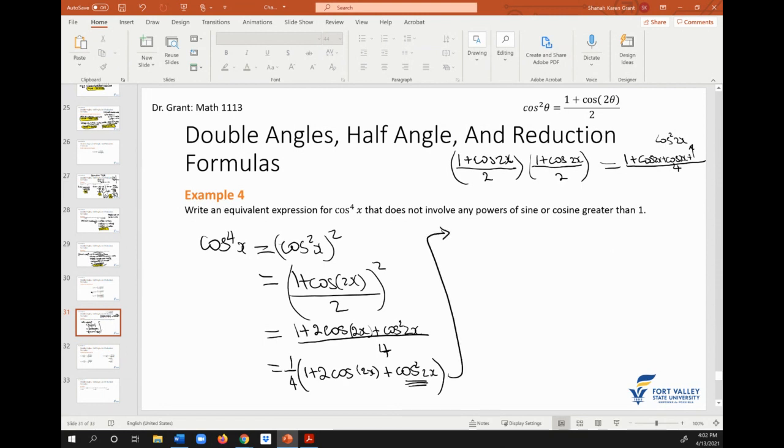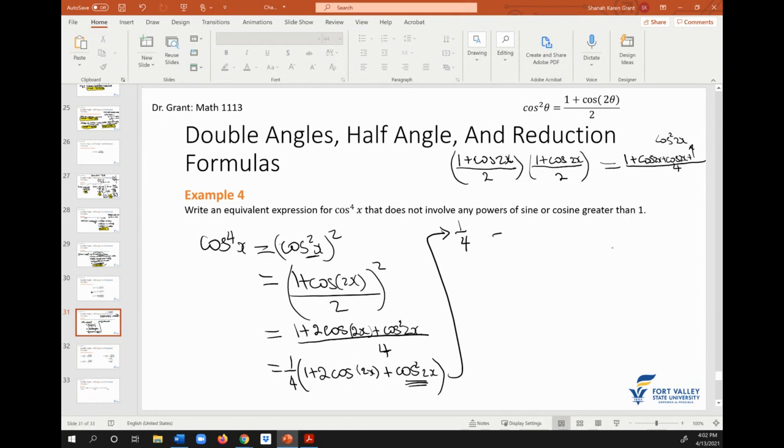So this becomes 1/4 times 1 plus 2 cosine 2x plus cosine squared 2x, and we're using the same formula here. Actually, we can just distribute the 1/4 individually.